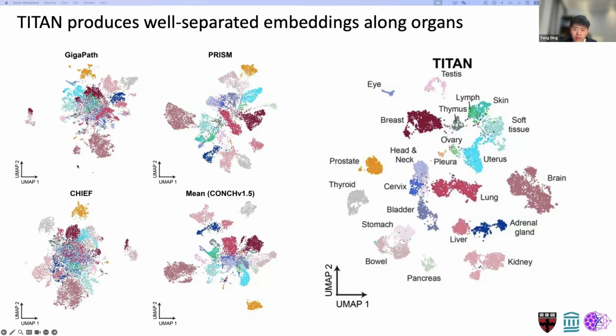And this was very impressive given the fact that the pre-training dataset for Titan did not include any TCGA slides. And also it's nice to observe that some closely related organs are also closely visualized in this plot. For example, stomach and bowel are clustered closely together in this plot.